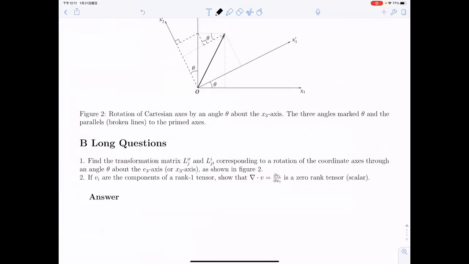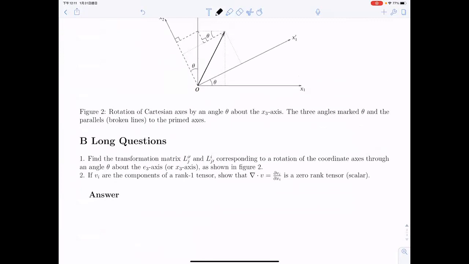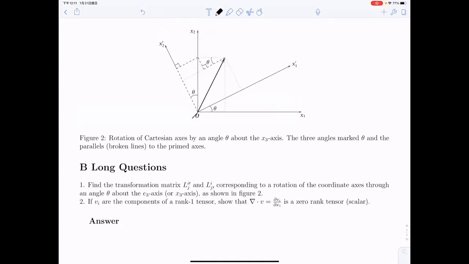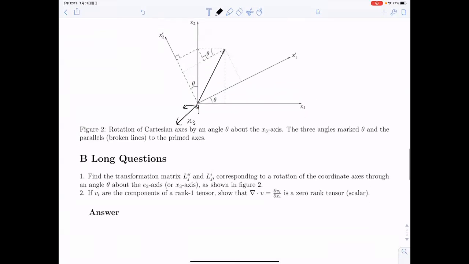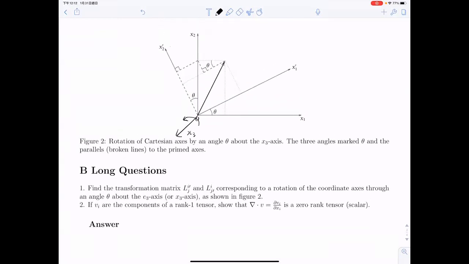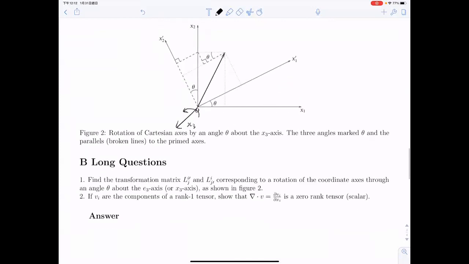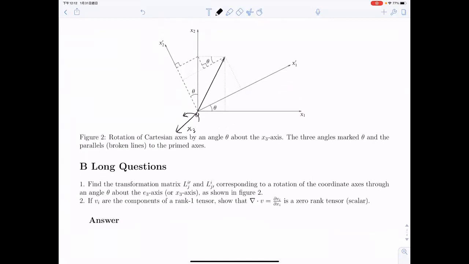A rotation of coordinates gives a new coordinate system, which is a coordinate transformation, through an angle theta about the x3 axis as shown in figure 2. Here the axes are rotated anti-clockwise by theta.